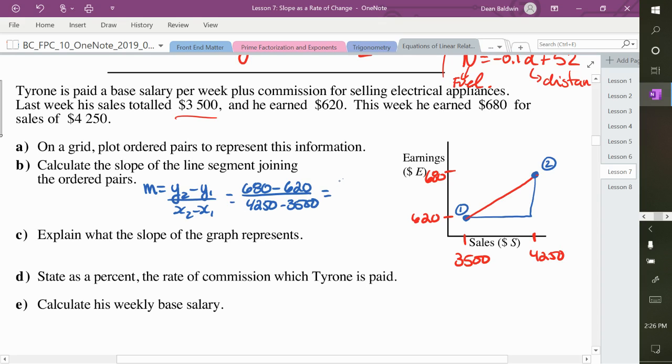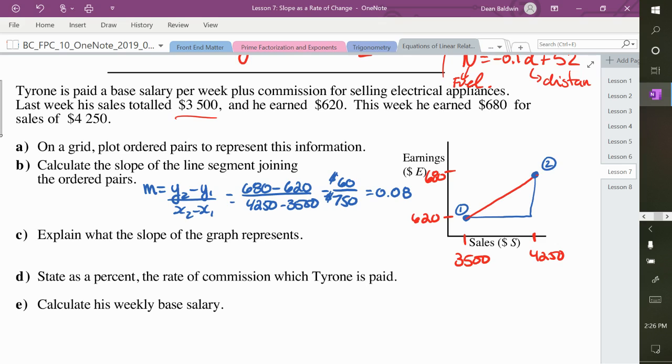It's going to give me 60 over 750, which, if you write it as a decimal, is 0.08. And this is in dollars and dollars, so there's actually no units on this. Okay? So the slope of this line is 0.08.